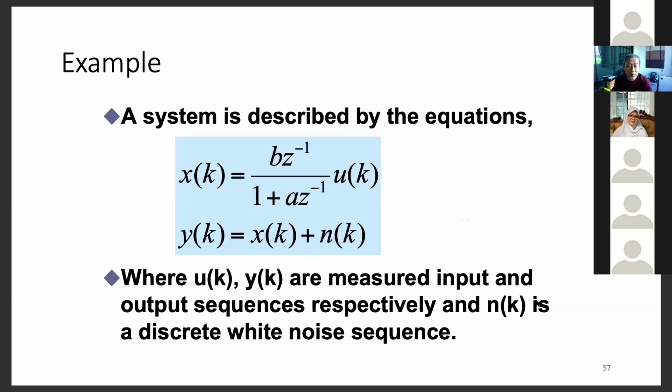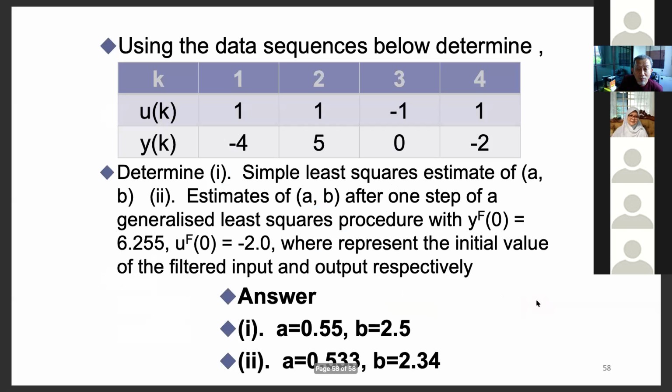So I give you some examples for you to try. This one is similar to sample 2 from just now, where k is equal to 1, 2, 3, 4. yk is a PRBS signal, as you can see: 1, 1, minus 1.